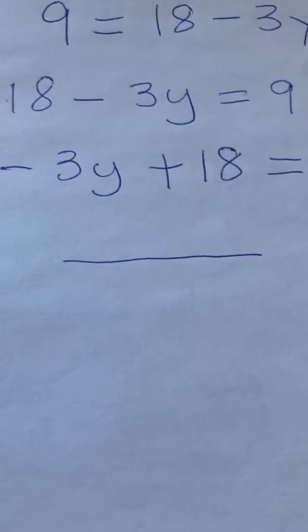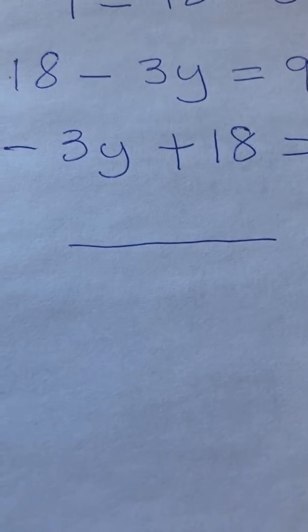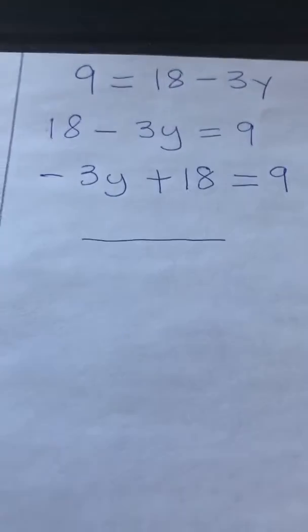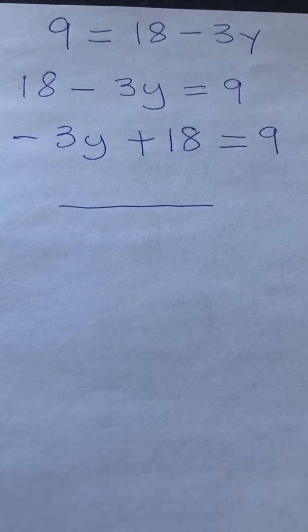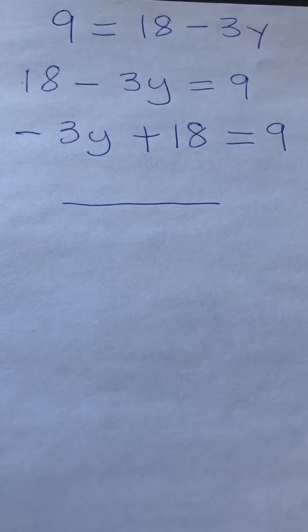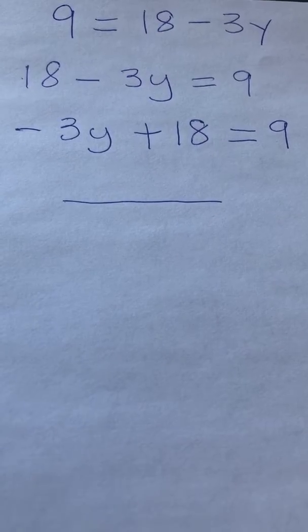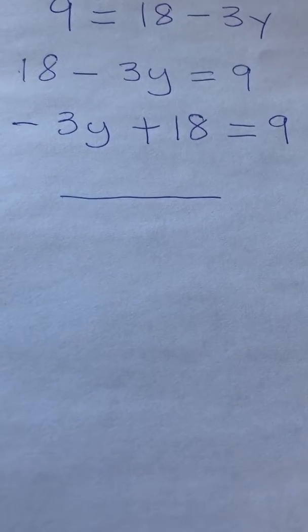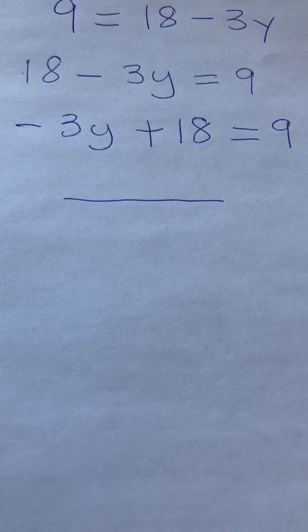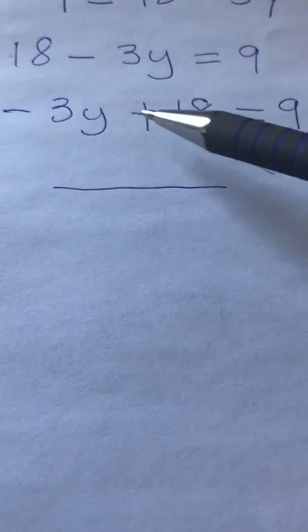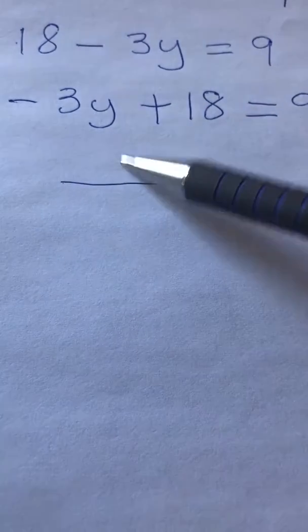So let's take a look at what our first step would be. When we're isolating for y, we have to take a look at the equation and figure out what is the relationship of the number to the unknown. So what is the relationship of 18 to 3y?